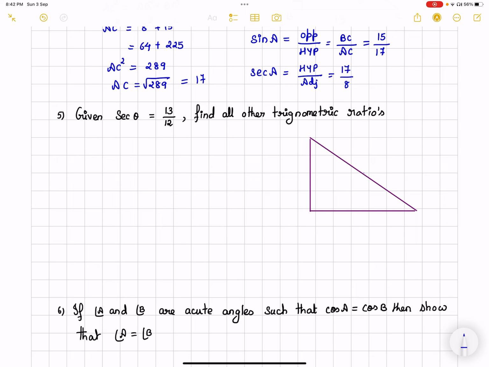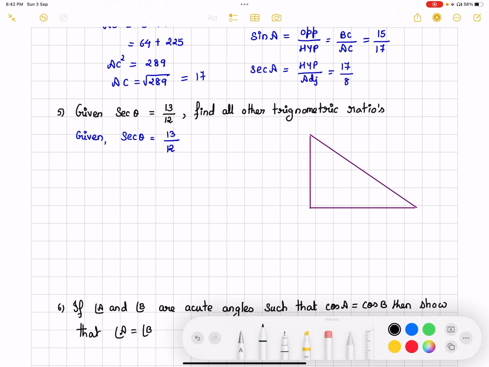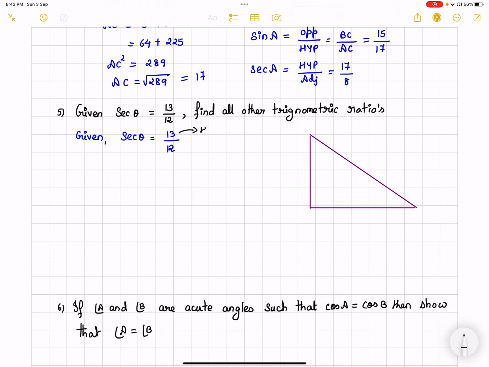We have secant theta is equal to 13 by 12. I told you secant is nothing but the reciprocal of cos. So what is given? Given is secant theta equal to 13 by 12. Hypotenuse has been given to me as per the definition of secant, and the adjacent side has also been given.